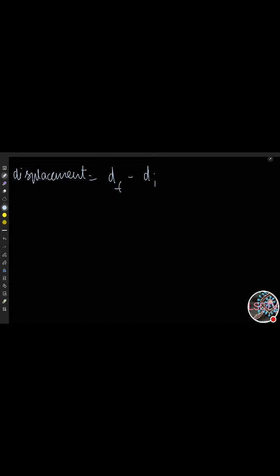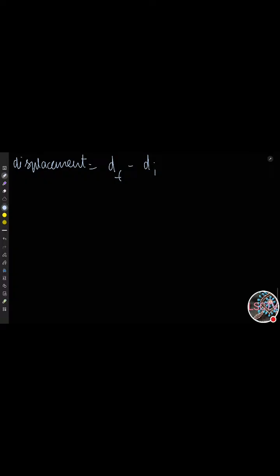Got it, guys. Simple. Now, another thing is that displacement depends upon the path, while distance does not depend upon the path. And displacement can be 0, positive, or negative, or sometimes equal to the distance.